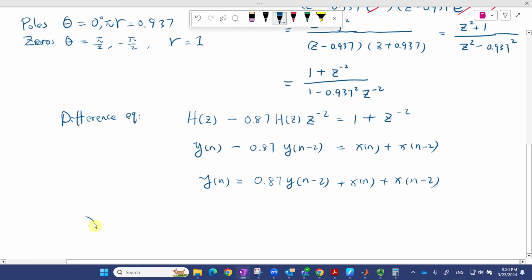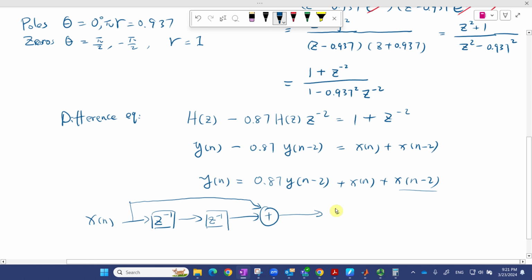Okay, so we need to draw the diagram as well. We start with x[n], which goes into a delay unit twice to generate this term. So this is the x[n minus 2] term, and we also get the x[n] term directly here. The x[n] term plus that term equals the y[n] term. This y[n] term will go into a delay unit as well, twice.